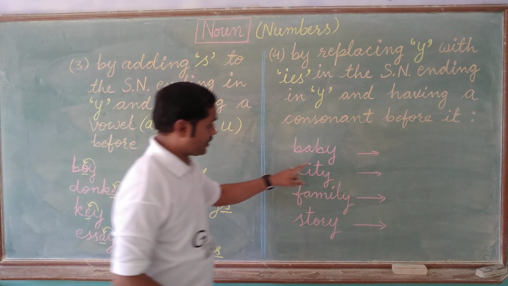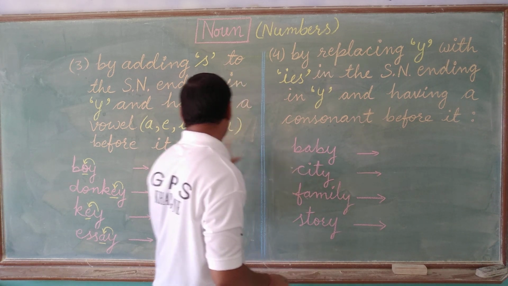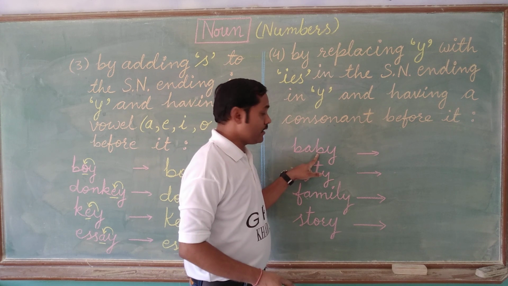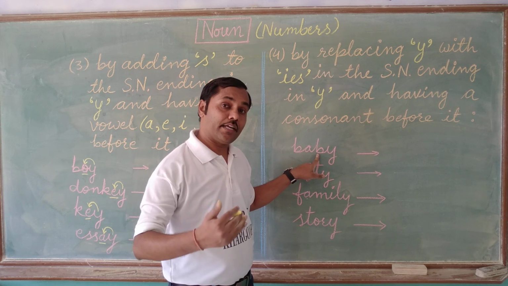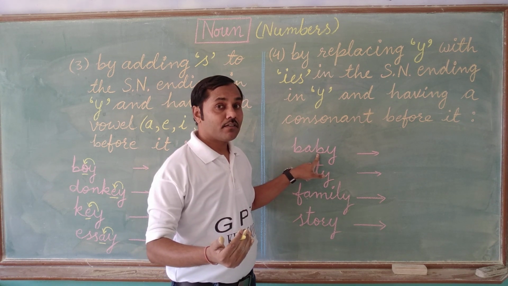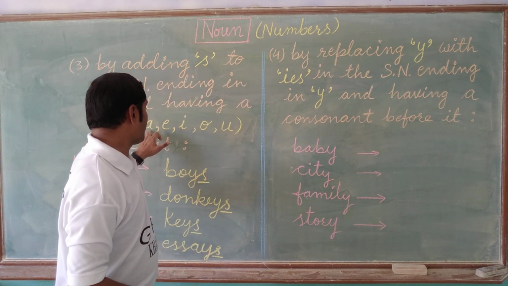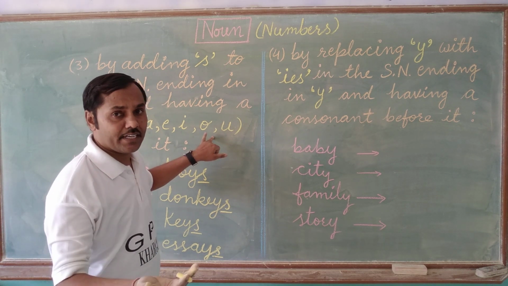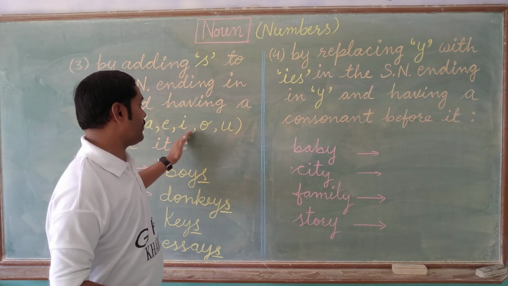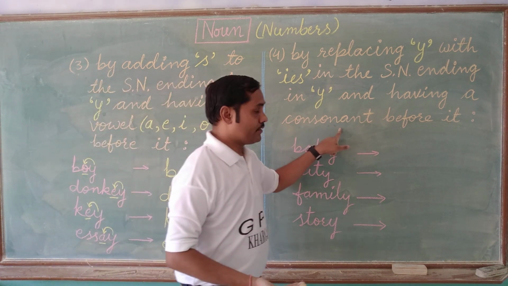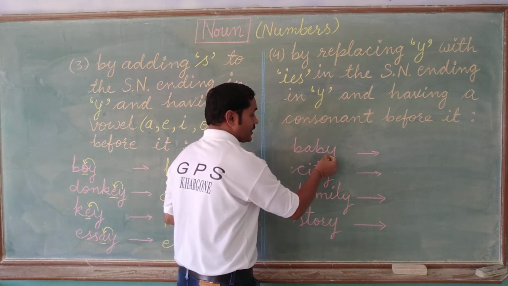But if the spelling is ending with Y, but instead of a vowel we are having a consonant. Now what are consonants? Consonants are the remaining 21 letters of the English alphabet. Except these 5 letters, the remaining letters are called consonants. So if just before Y we don't have any A, E, I, O, U, then it is proved that we have a consonant before it.